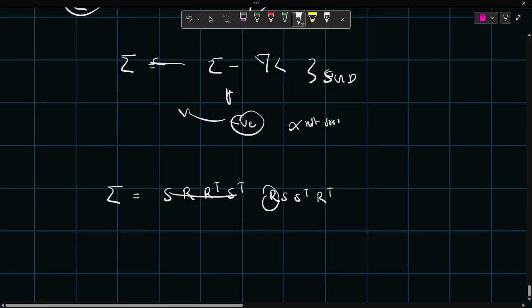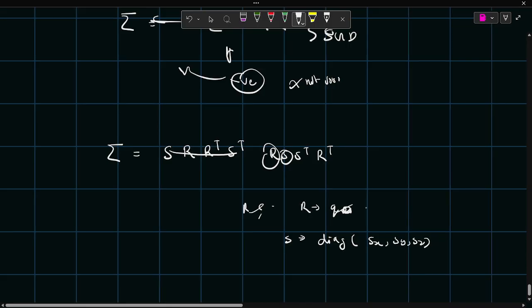We take these rotation and scaling; the rotation is in quaternion space, and this is the scale. So you take a diagonal matrix with s of x, s of y, and s of z. We optimize these separately. That we will discuss in the next video.